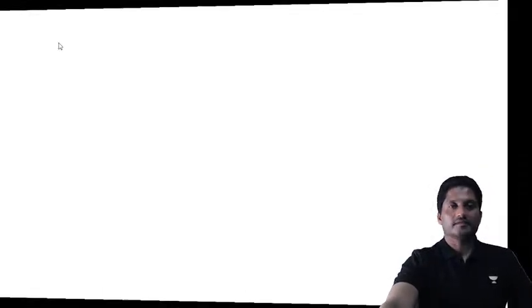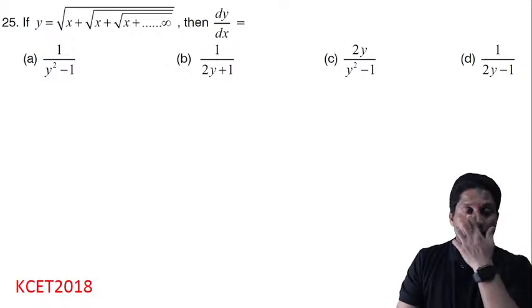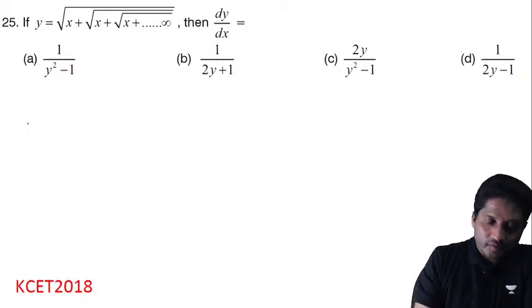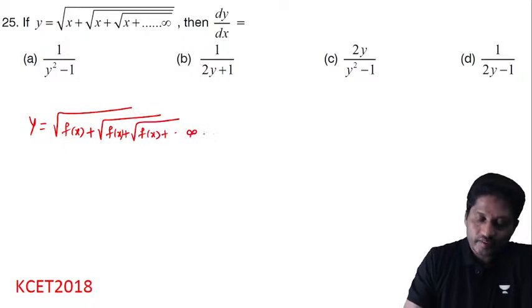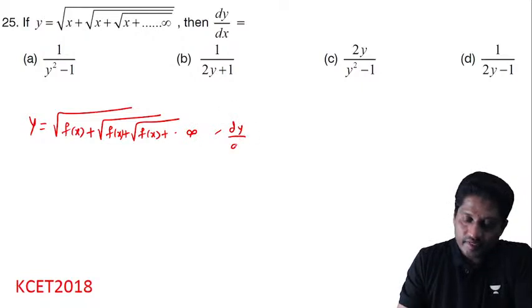The next question. See, suppose you have y is equal to root of (fx plus root fx plus root fx), and so on up to infinity. Then dy by dx is equal to f dash of x divided by (2y minus 1).